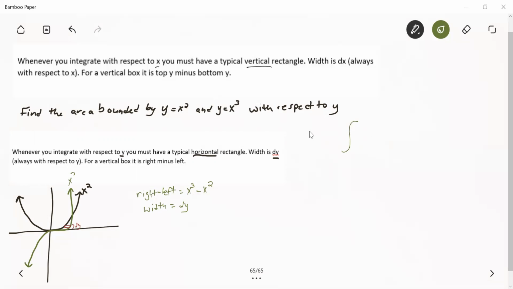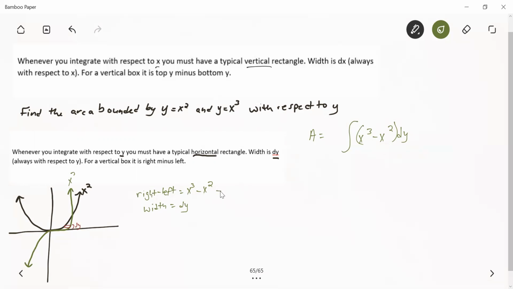Okay, so we can set up this integral. The area bounded by these functions is going to be our right minus our left. However, notice that if I were to put this in here, x, please don't write this down, and I did that, I'm dealing with x's with a dy. That's a problem, because if I were to integrate with respect to y, I can't just factor out the x cubes.